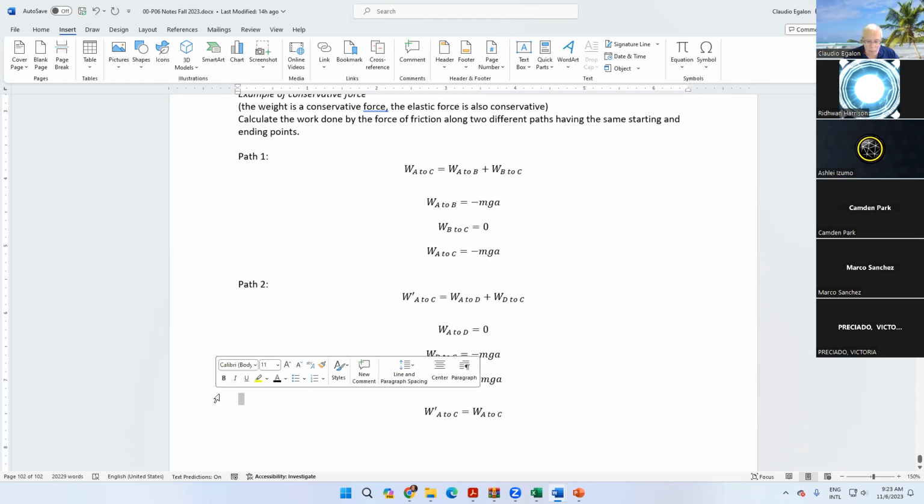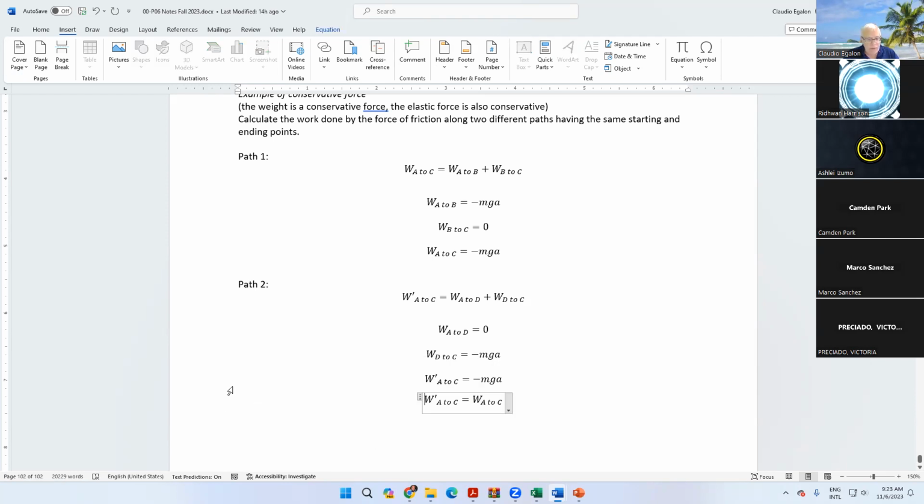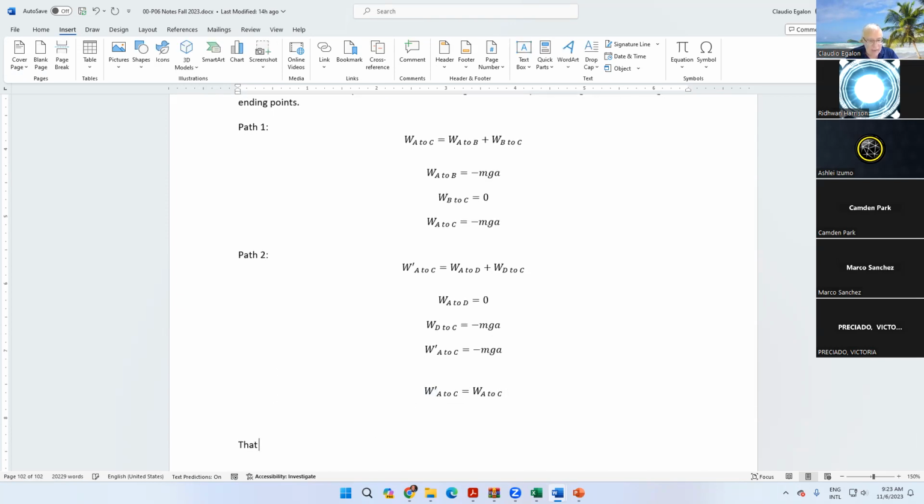Okay, so that's how we define a conservative force. And there's a reason why we do that.